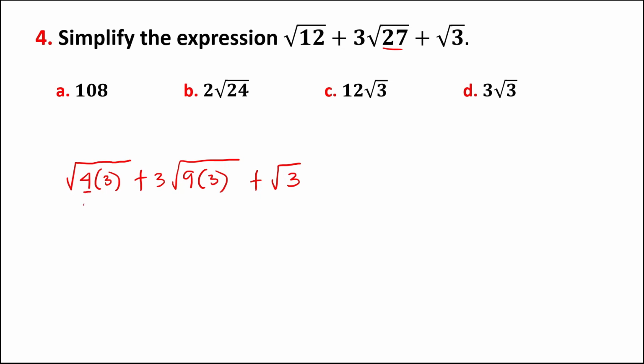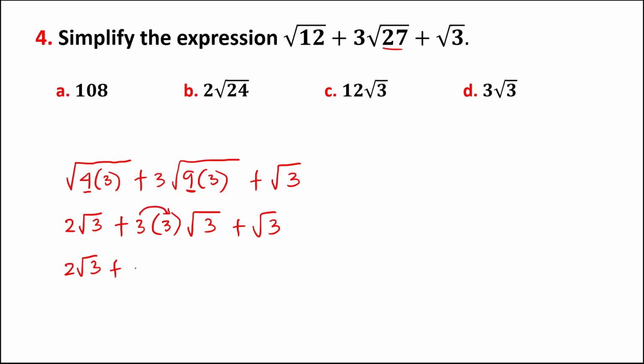And 4 is a perfect square, so square root of 4 is 2, square root of 3, then plus 3 times the square root of 9, this is 3, then square root of 3 plus square root of 3. Then we have now 2 square root of 3 plus 3 times 3, this is 9, then square root of 3 plus square root of 3.